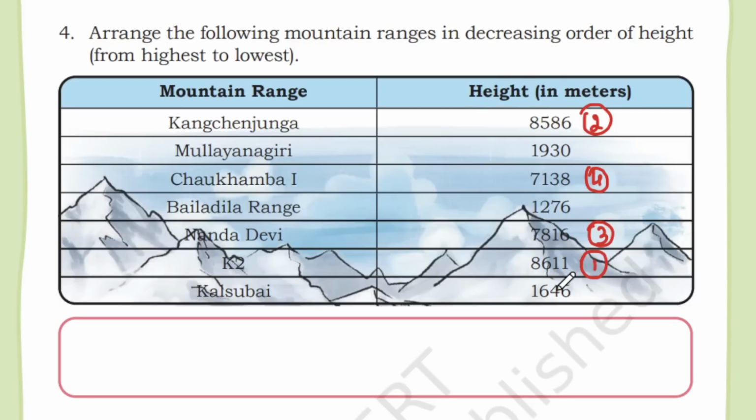So 1,646, 1,930 and 1,276. So 1,930 is the highest. So fifth one. Next sixth one. The lowest is 1,226. Okay, and you have to write there in the same box.